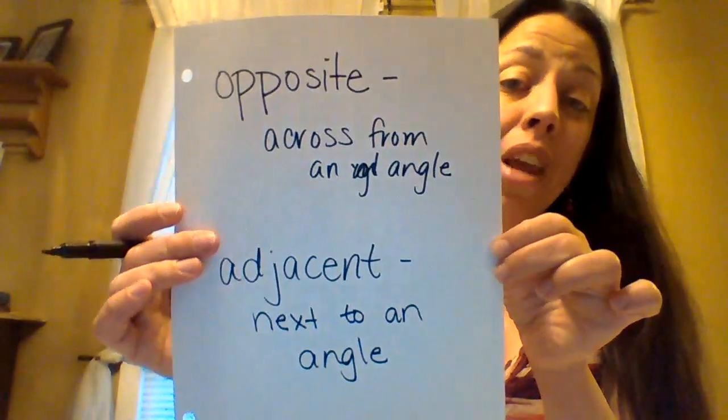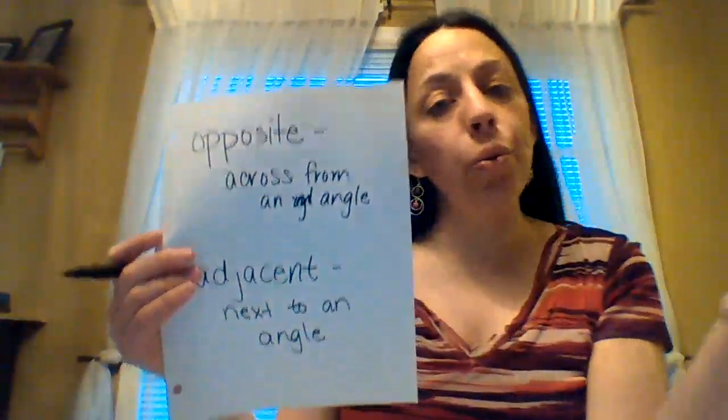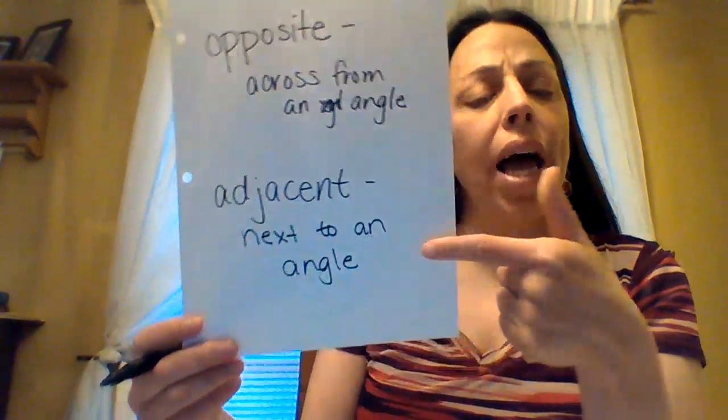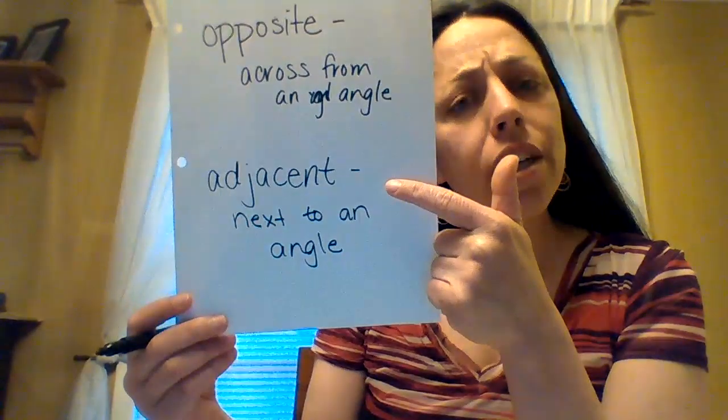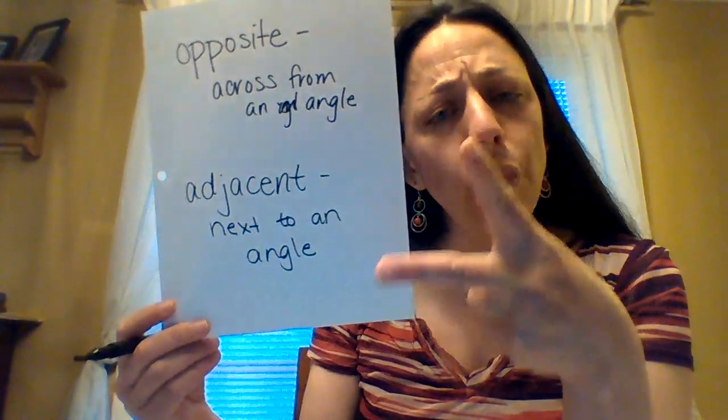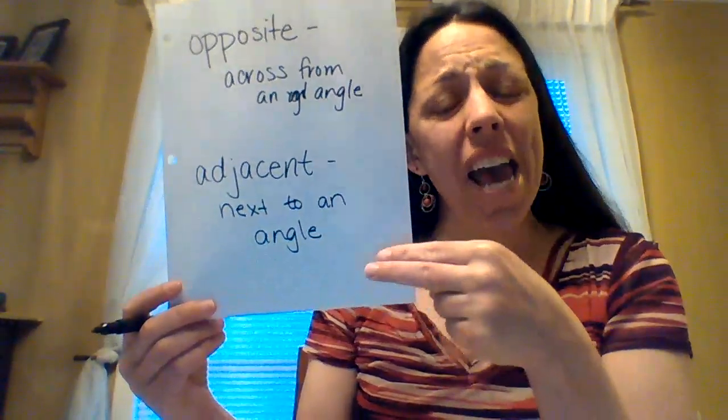Adjacent. Has anybody here ever heard the word adjacent before? There might be some situations or times where you've heard it, but the word adjacent means next to. And so opposite we go across from, but adjacent we go next to. Now, when I draw on my triangles in just a minute, adjacent can get a little bit tricky because there's always two things next to an angle.